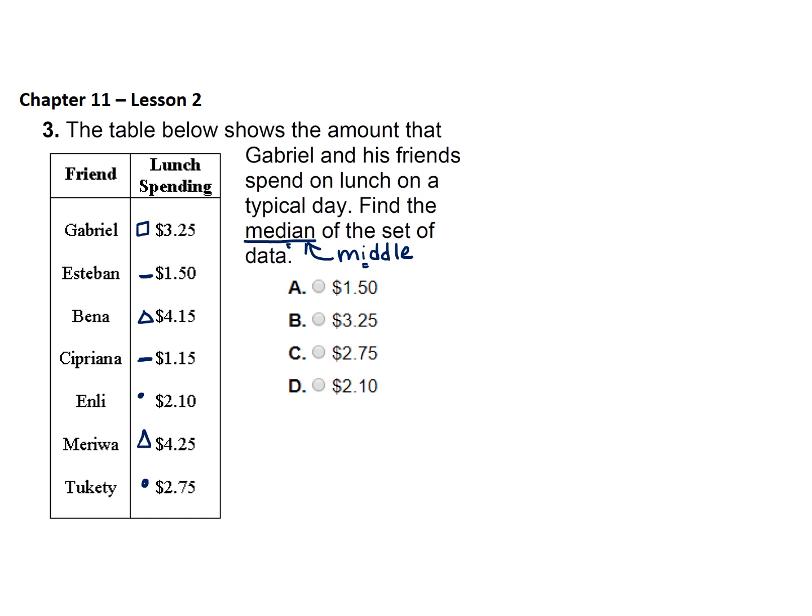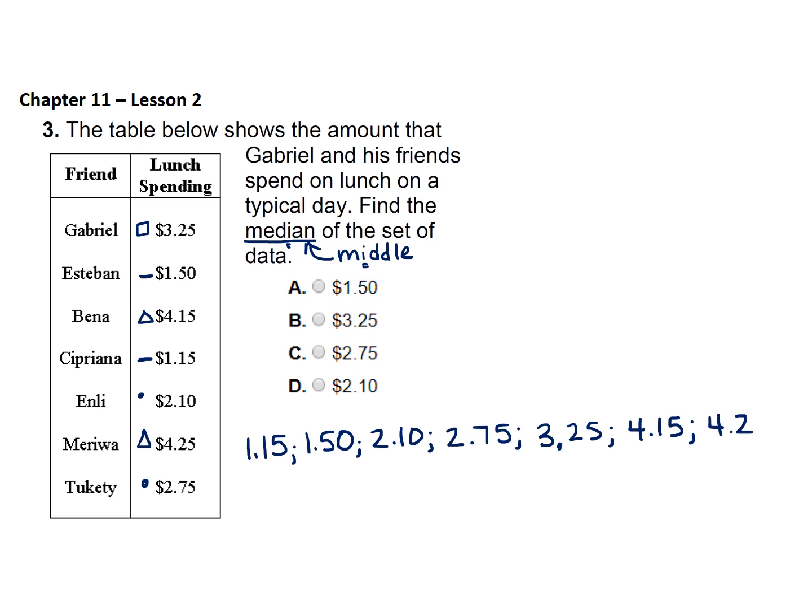All right, so we have 115, then we have 150, then we have 210, then we have 275, then we have 325, and then we have 415 and 425.